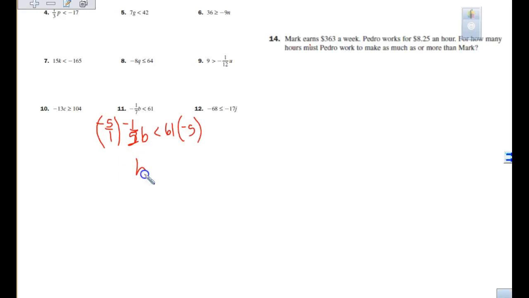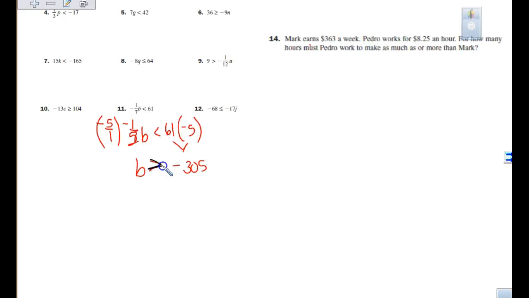Now when we do that multiplication and we get B, Maria, what did you get for the number when you multiply? Negative 305.